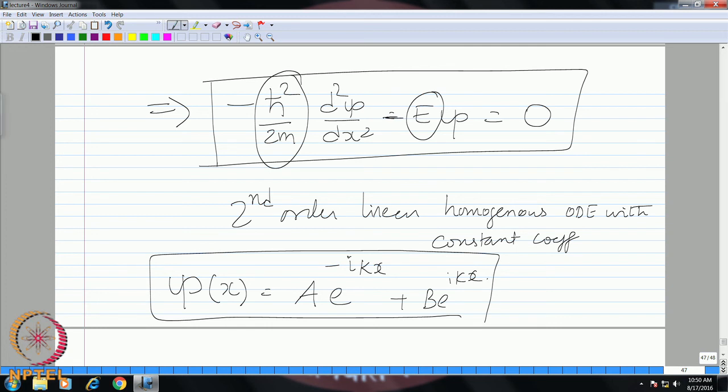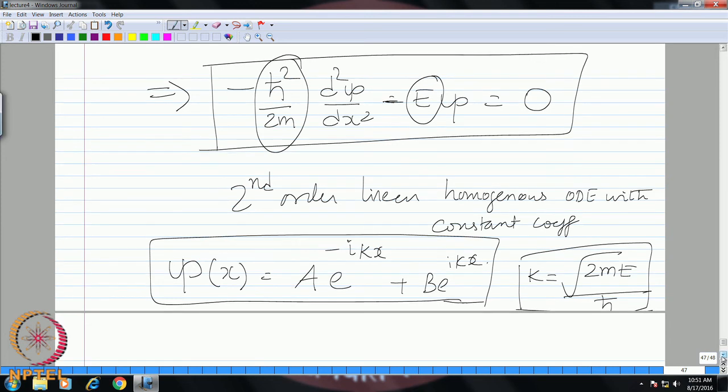So, either in terms of trigonometric functions or exponential functions. So, this is the solution for this particular ODE. What is k here? So, where k is related to square root of 2 m e and h bar comes outside the square root. Okay. So, we absorbed all these constants into another constant k directly.